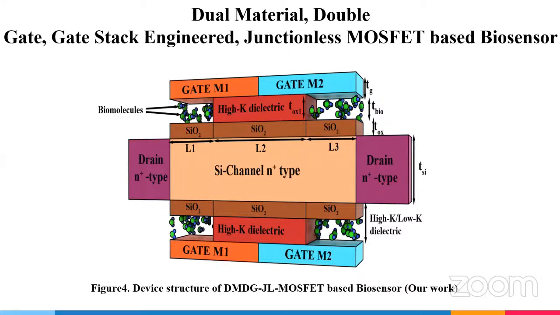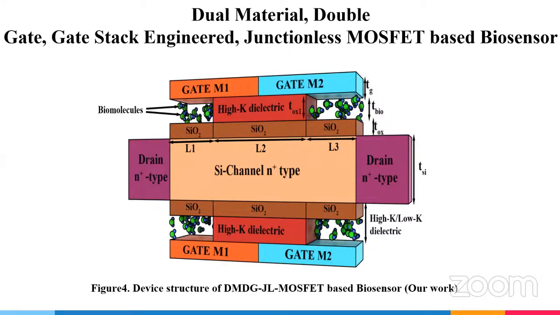In this, we have used a junctionless MOSFET, where source, channel, and drain all have the same kind of doping. Junctionless devices have uniform doping from source to channel to drain, and it can be P type or N type. So it can make fabrication really easy, mitigate the short channel effects, and also improve the ION/IOFF ratio.